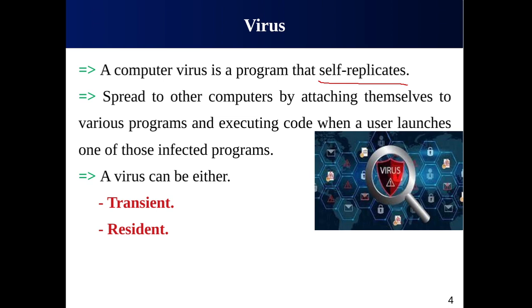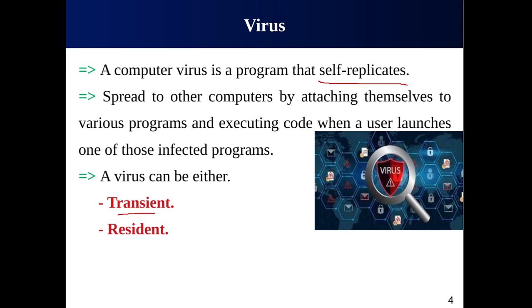A computer virus can either be a transient virus or a resident virus. The first category has a lifespan that depends on the life of its host. That is, the virus runs when the program to which it is attached executes, and it terminates when the attached program ends.